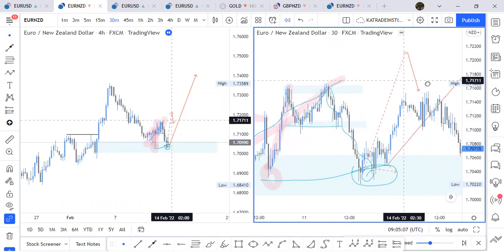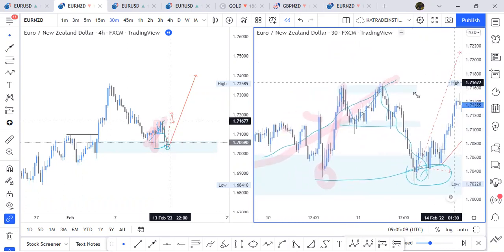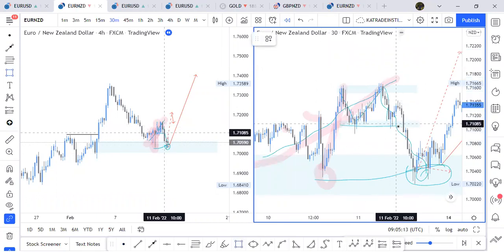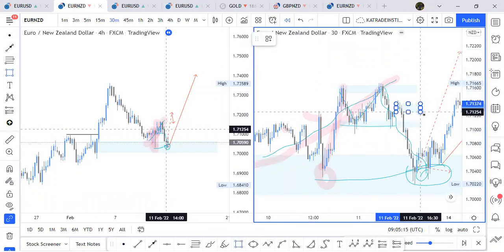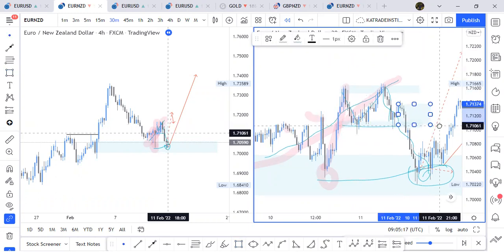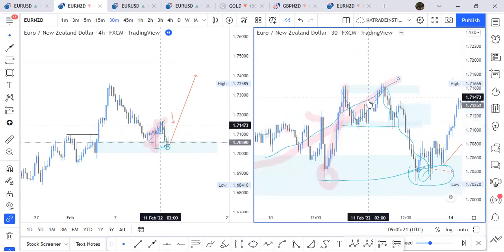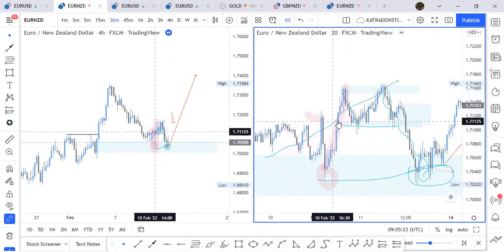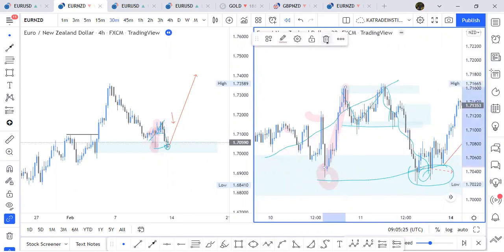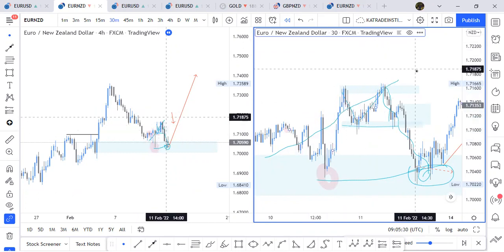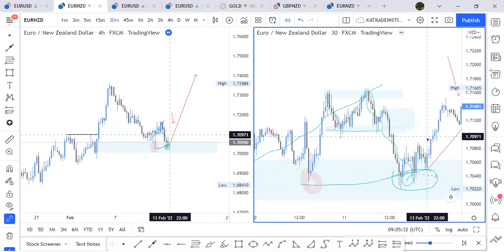So if you look at here, before we got a breakout here, there's a demand, a supply area around these key levels. There is a supply, right?